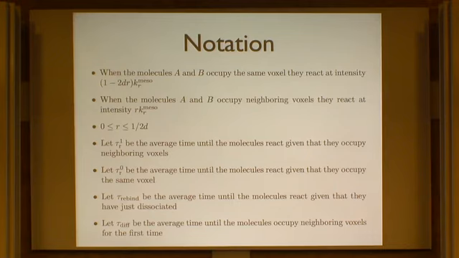Maybe I missed it, but you were saying that the reaction radius is bigger than a voxel size in the second case? No, R is just a parameter for how they react. This is on the mesoscopic scale, so we basically just have point particles jumping between the voxels.